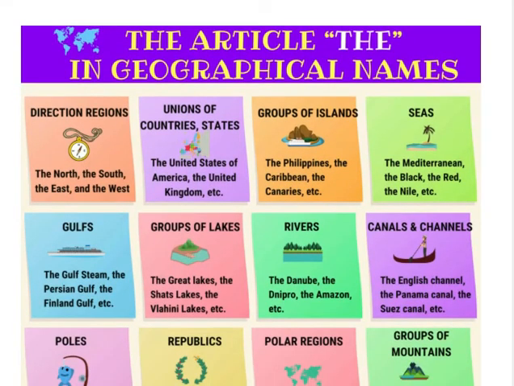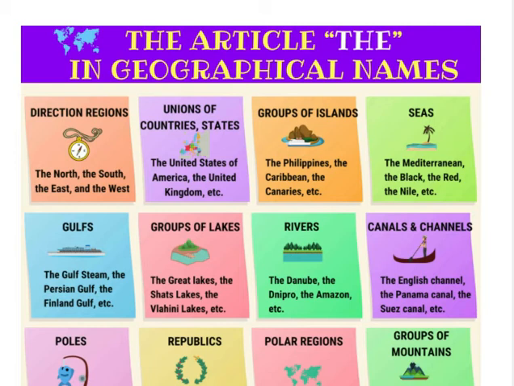So we have the article "the" in geographical names: directions and regions, the north, the south, the east, and the west. Unions of countries and states, the United States of America, the United Kingdom, etc. Groups of islands, the Philippines, the Caribbean, the Canaries.